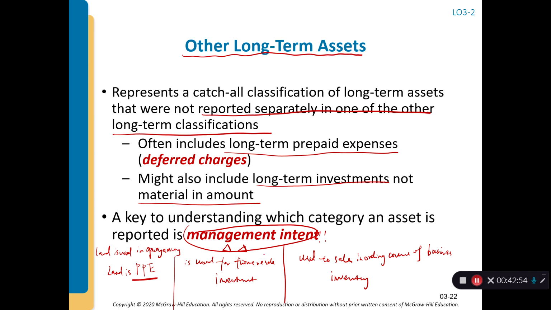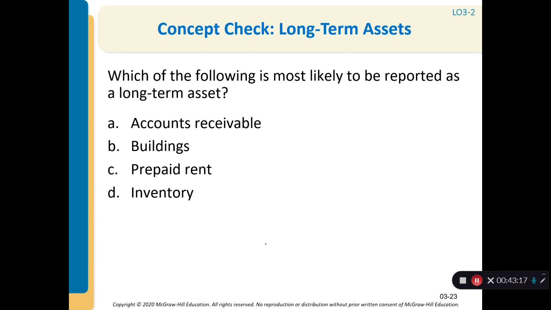So you can see that the same land, based on management discretion and intention, can be categorized as PPE, or as an investment, or as inventory. So it depends on the essence of the business and the intention of the management.